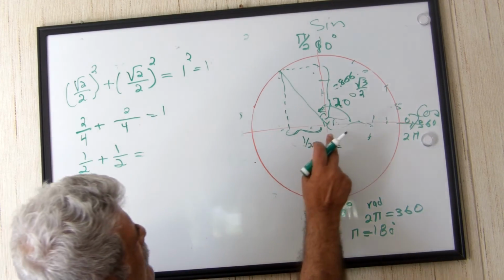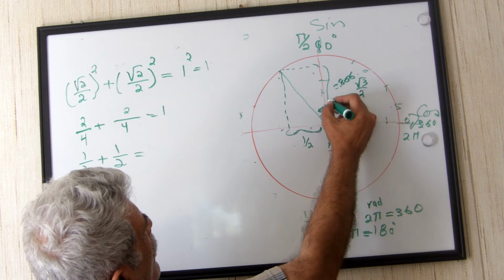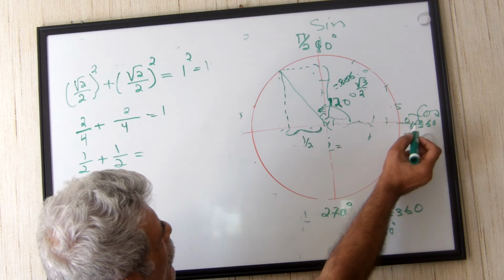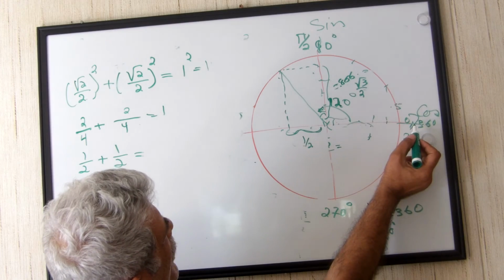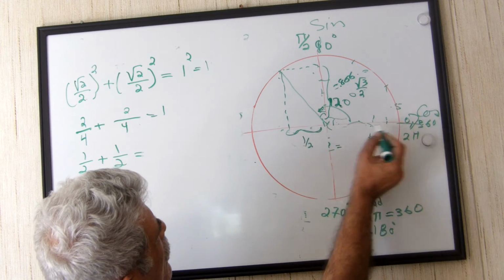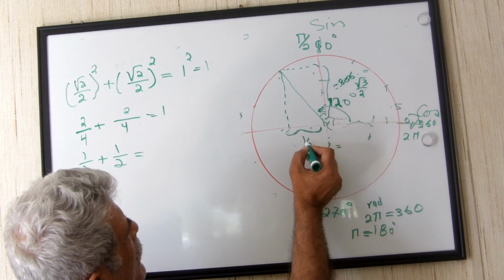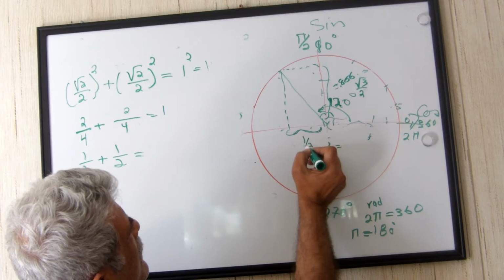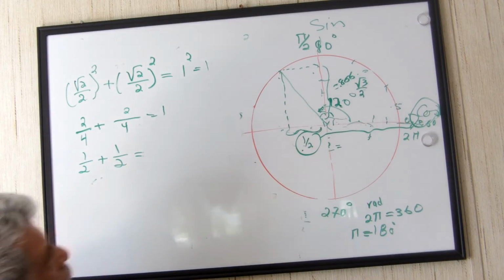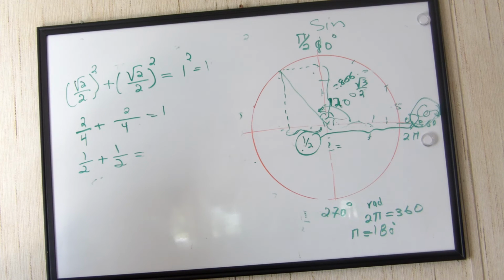And if somebody asks you what is the cosine of 120, you look at the cosine component of this one. From here to here, this is the cosine axis. So the cosine of 120 is going to be 1/2.